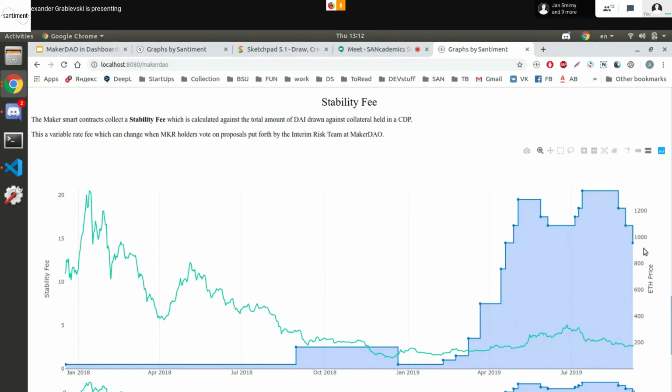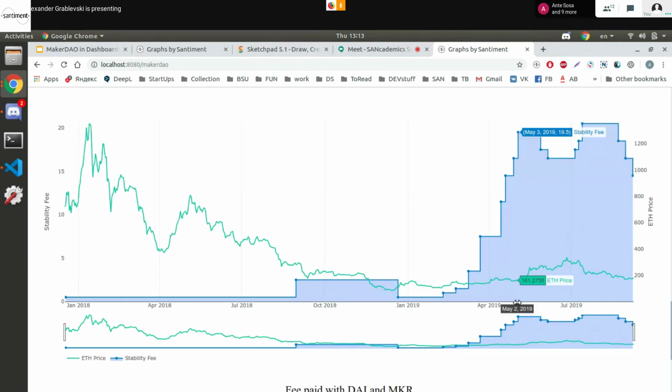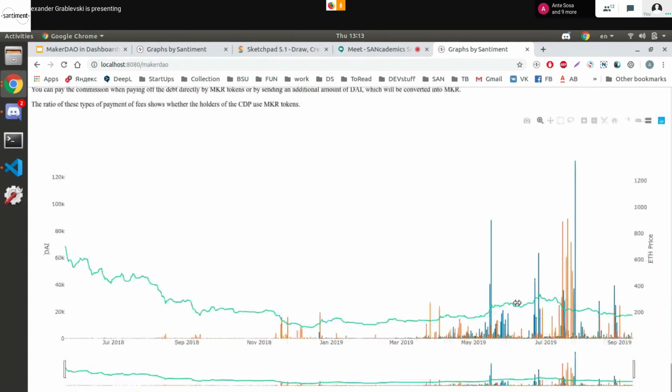So it means that if you have one ETH locked in a CDP for the whole year, and after the year you want to pay the debt back, you have to pay 1.14 Ethereum to the system. So that's stability fee. As I have said, it is set by a voting mechanism, and that's why it doesn't change a lot. It changes a few times maybe in a year.